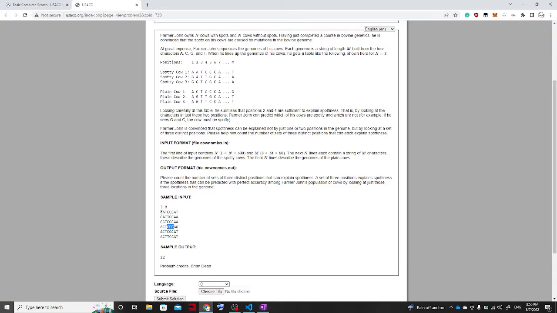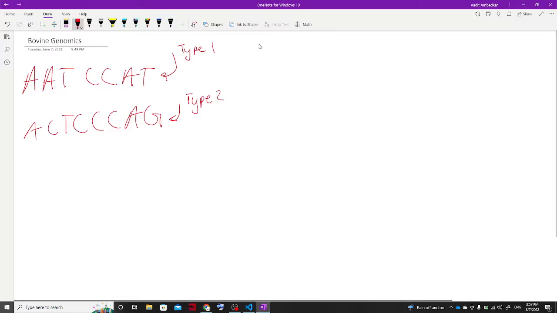It's going to keep track of AAC, GAT, GGC, because those are the type 1 cows at indexes 1, 2, and 4. So suppose we are at index I, J, and K. And in this situation, I is equal to 1, J is equal to 2, K is equal to 3.